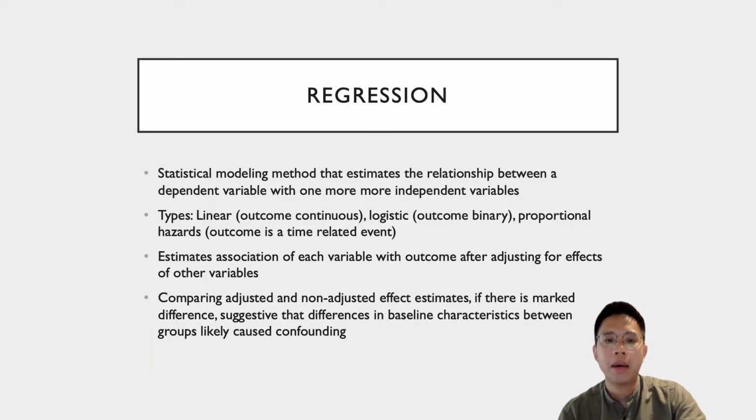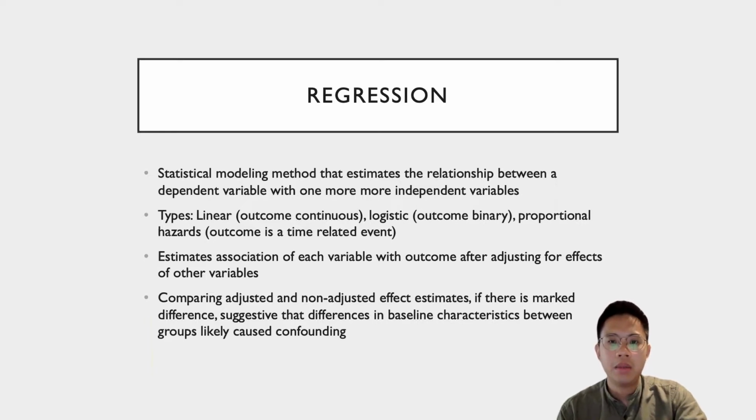If you see a very marked difference between the adjusted and non-adjusted estimates, then we need to be suspicious for the possibility of confounding, where some of the other variables in the model may actually have been confounders that resulted in a certain independent variable being spuriously associated with the outcome of interest.